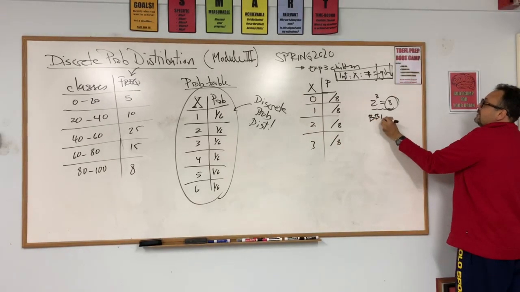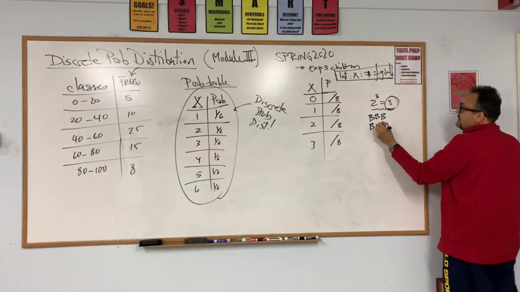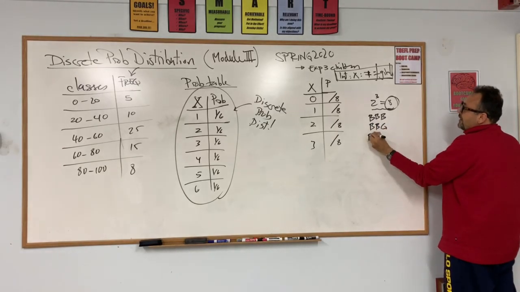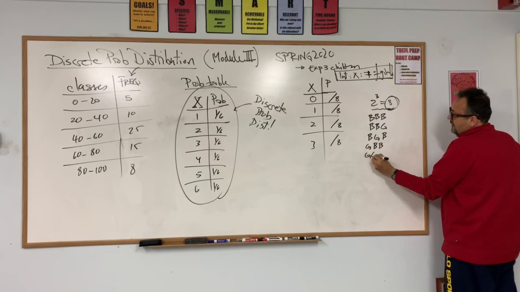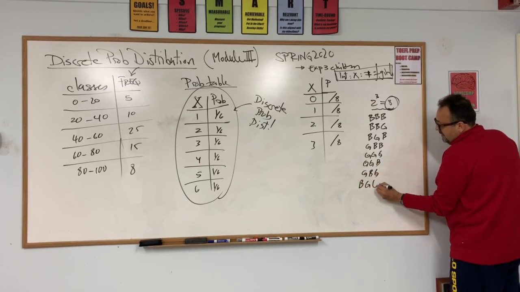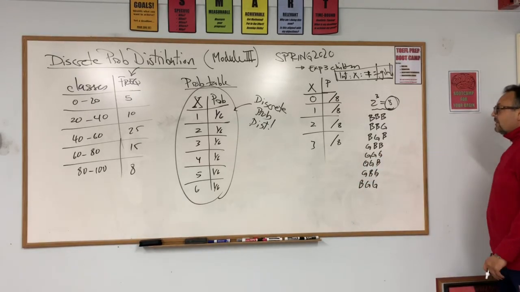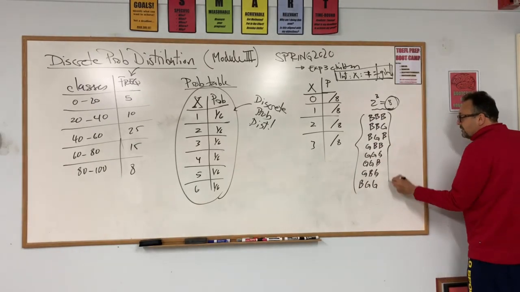If I write all the possible outcomes of 3 children, the gender sequences, using a tree diagram as I've shown you in class. So here are my 8 outcomes. This is the complete sample space of having 3 children, the gender sequencing.